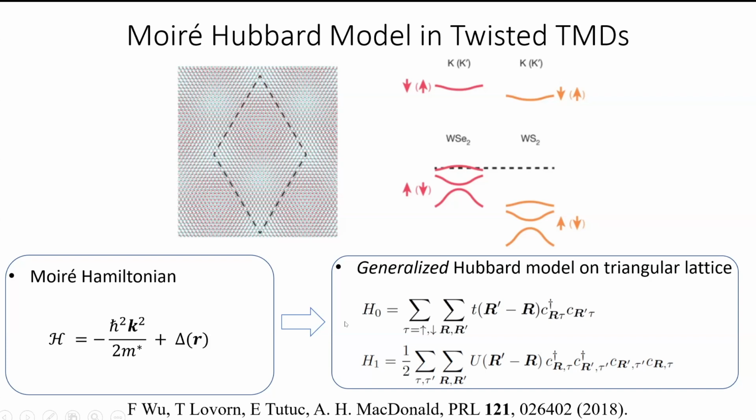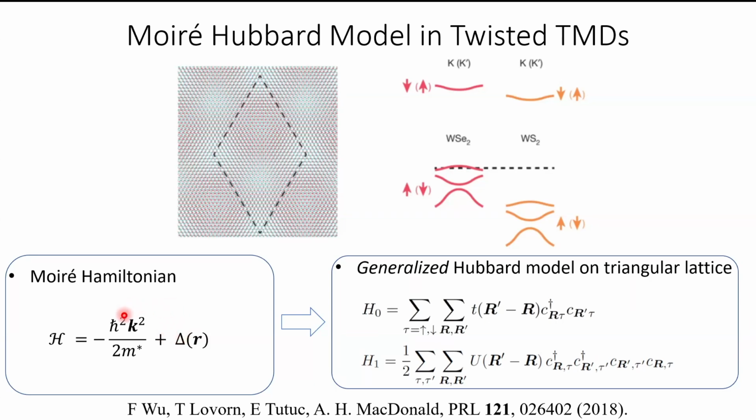So we have a very simple Hamiltonian. Suppose we have this TMD bilayer, meaning that the band alignment leads to essentially one band near the Fermi level. Then we can write down a very simple Hamiltonian, which is a parabolic particle moving in a periodic potential. And this periodic potential has the periodicity of the Moiré superlattice.